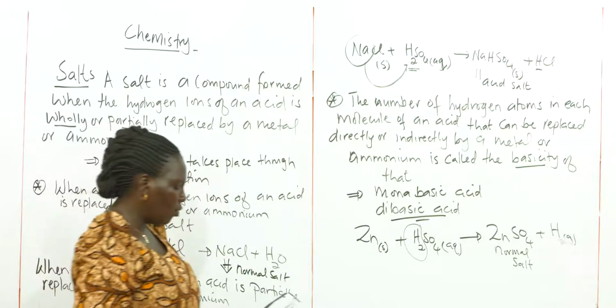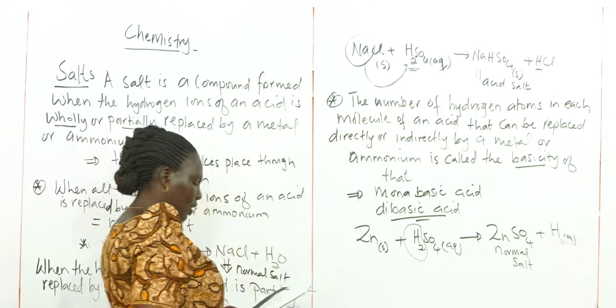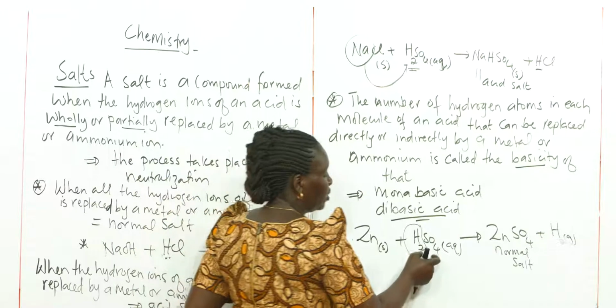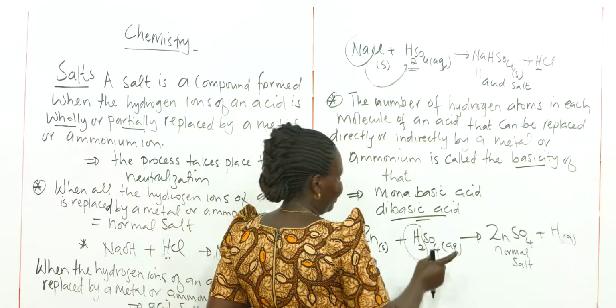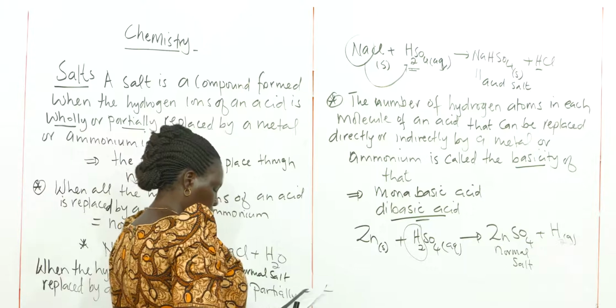So where only a part of the hydrogen atoms of acid are replaced, then we have an acid salt. So if part of the hydrogen atoms is replaced and part is left, then we have an acid salt.